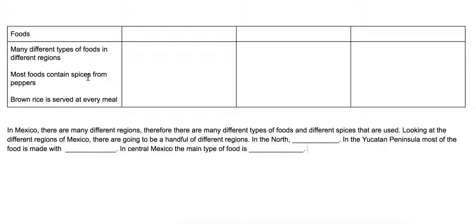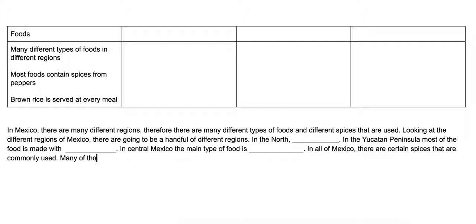Now I'm going to go on to my next fact. And again, I'm not positive, these are from my experiences, but I would then say something along the lines of, in all of Mexico, there are certain spices that are commonly used.